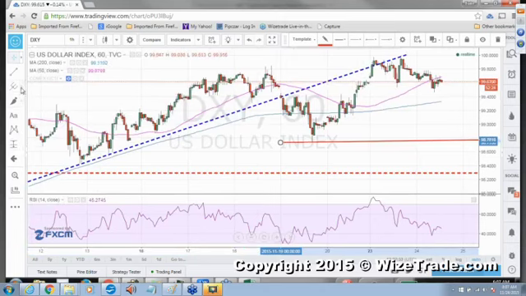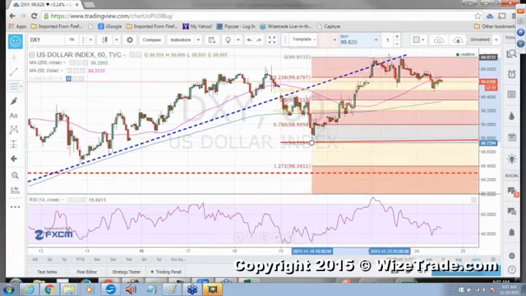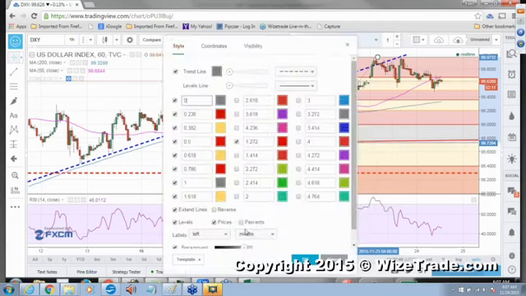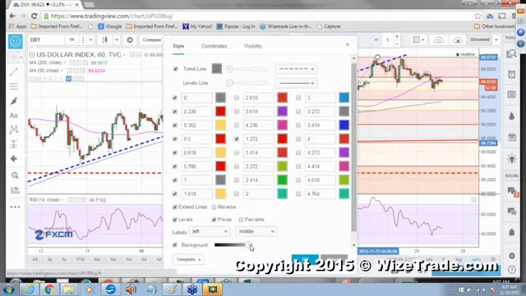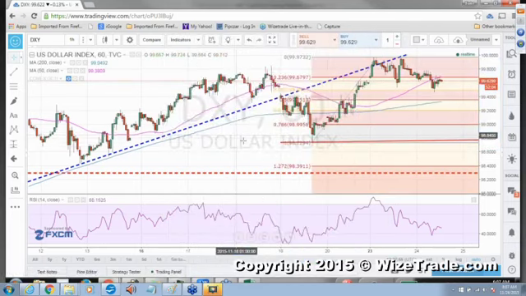Let's do a quick fib of low to high. Okay. 38% retracement, that's this right here. That's that spike right there.